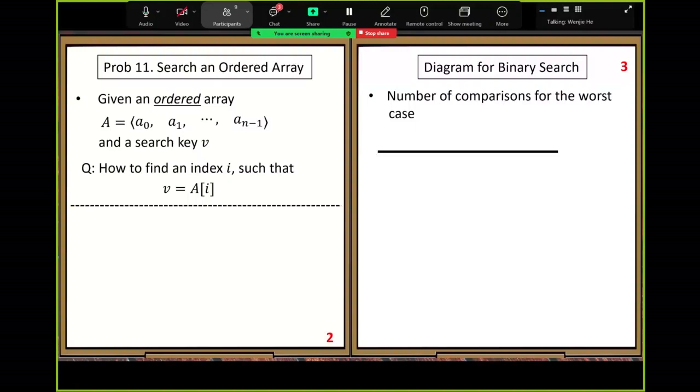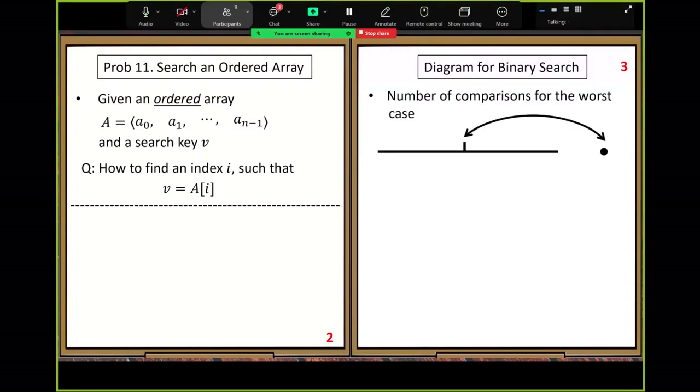The best case, when you do the first comparison, you get a hit. So the given key V happens to be the median element. That's the best case, one comparison. All right, so now we want to look at the worst case.